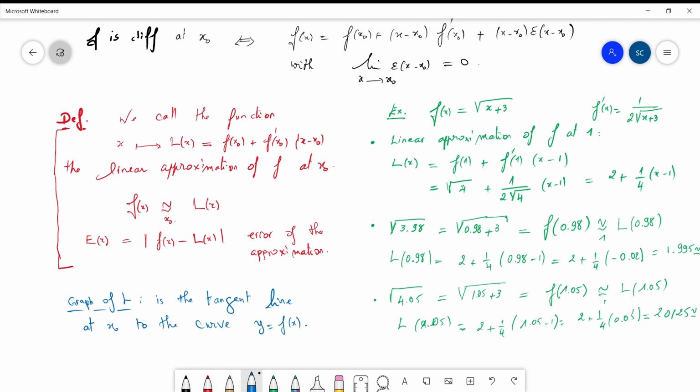And this makes sense. We know that the tangent line is very close to our function.